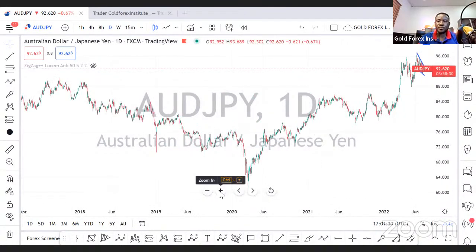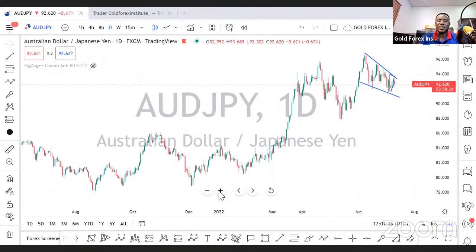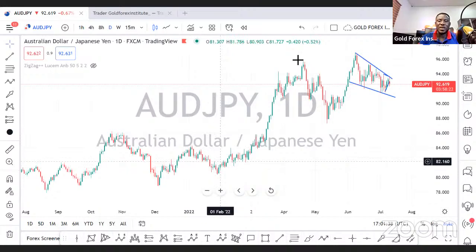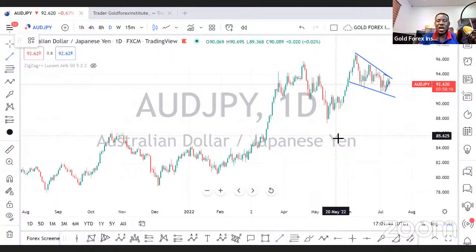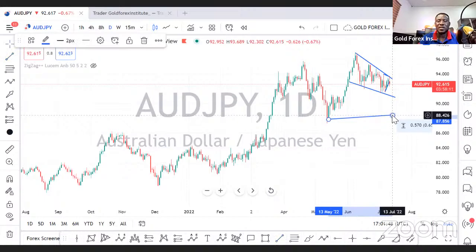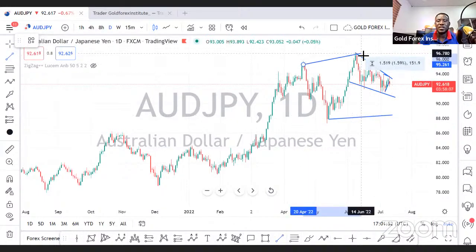So this I'm not expecting. From here, I'm just expecting the market at least to form a flat correction. I'm expecting a regular flat or a running flat here.